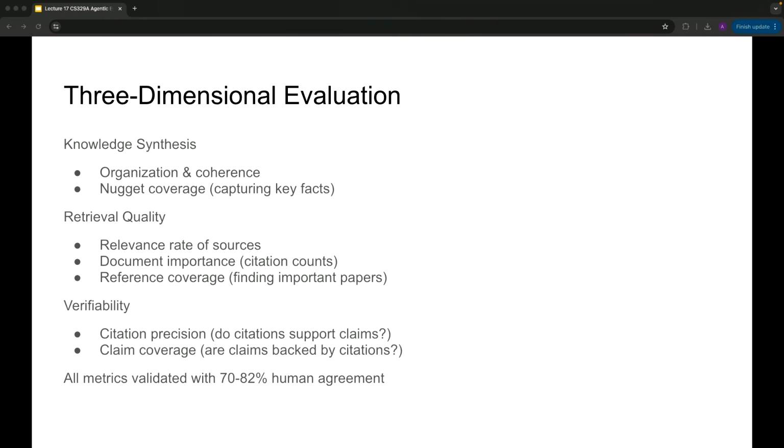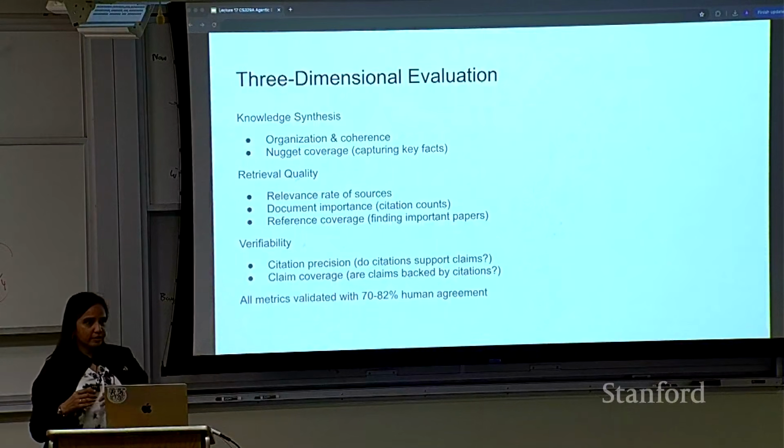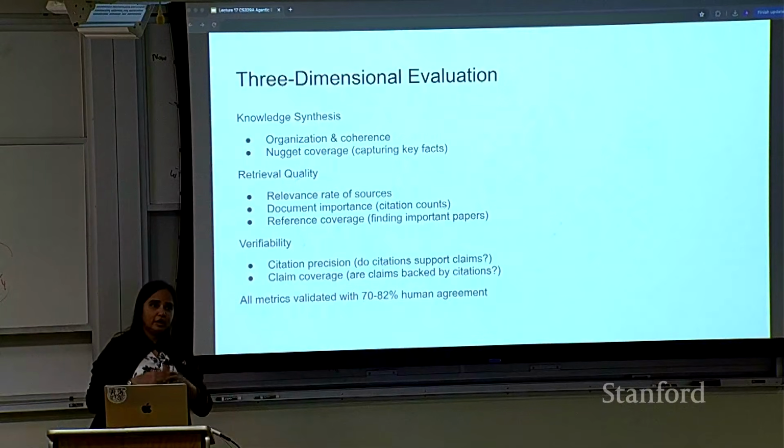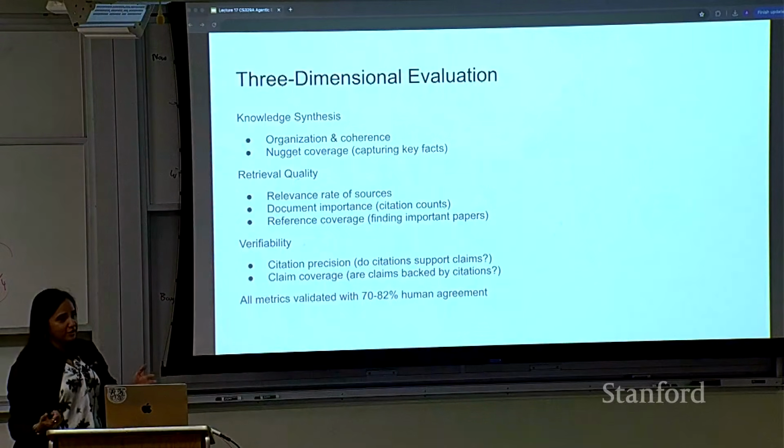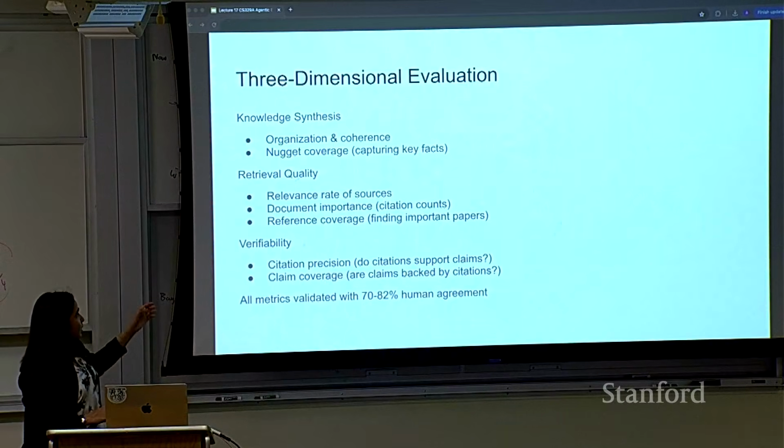The second axis it's evaluating the model on is retrieval quality. So if it's looking at a particular set of references, how relevant they are to what you wanted to do research on. For example, if you're writing a related work section for your final project, and you have, say, 10 references that this model or agent went and fetched, are they relevant to what you actually want to present in your final report or not?